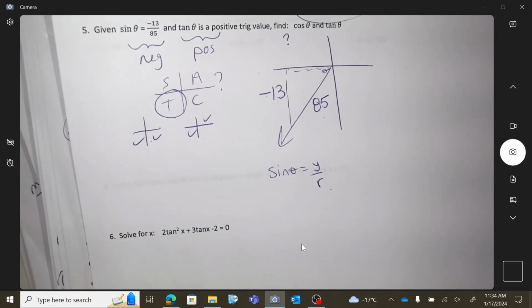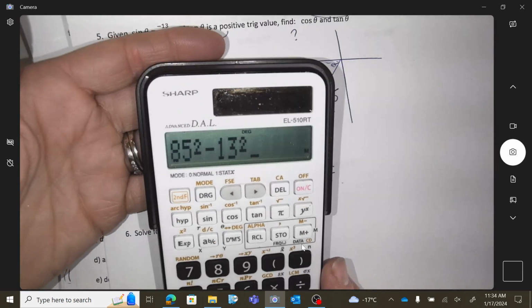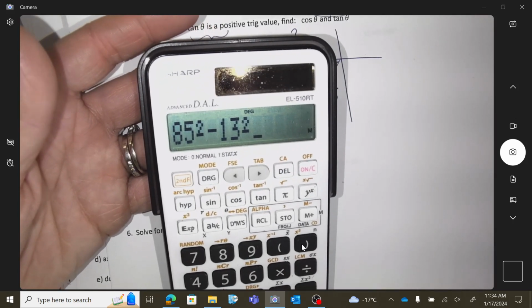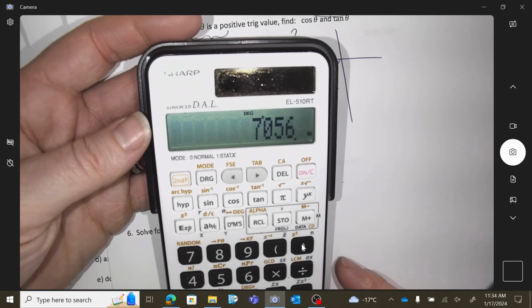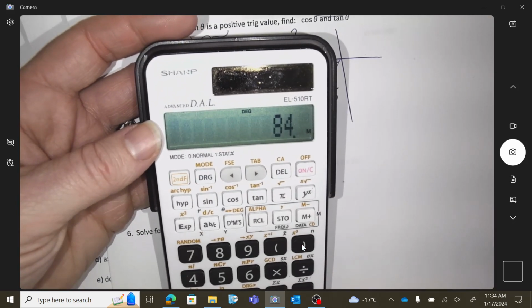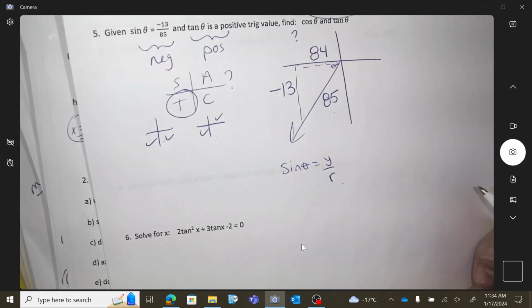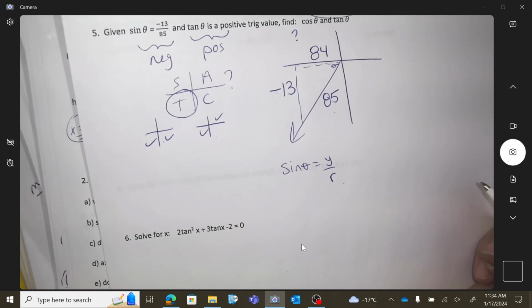Put negatives in your drawing locations. So I'm not doing anything about a negative 13. I'm just saying what's 85 squared minus 13 squared. So the math number is 84.